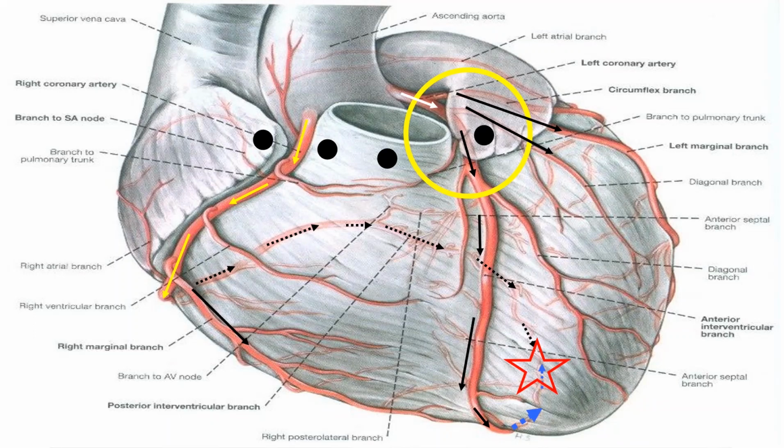The posterior one is in many cases, not all cases, a branch of the right coronary artery, and these interventricular arteries, the anterior of the left and the posterior of the right, reach an area where they may anastomose, may be connected, and underline may be because it is not always that they are connected.